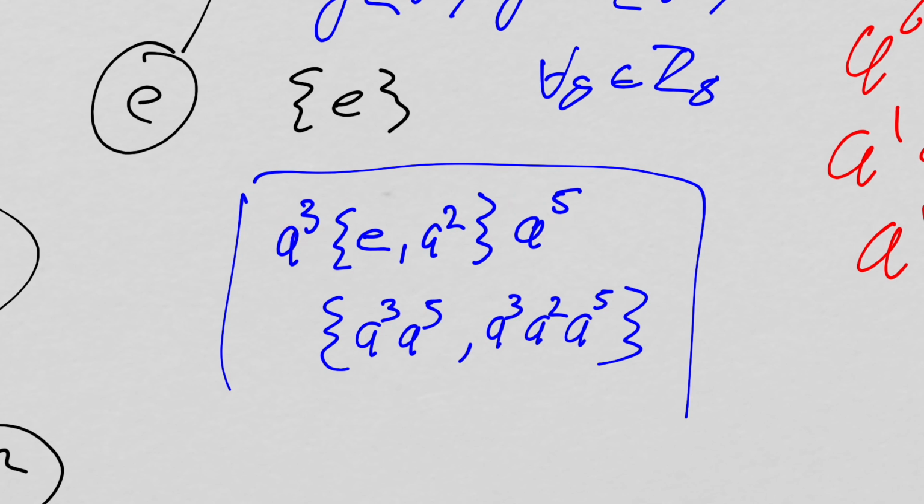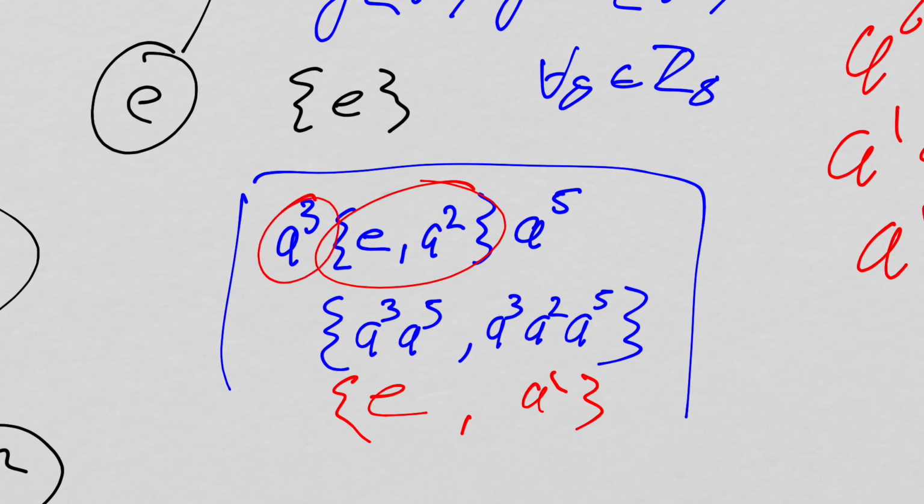And then you bring these two in on E, and you get A to the 8, so that's going to be the identity. And over here, you add it up, and you get A to the 10, and A to the 10 is A squared, right? So this set at the end is equal to that set. So A to the third certainly checks the box. A to the fifth will check the box too.